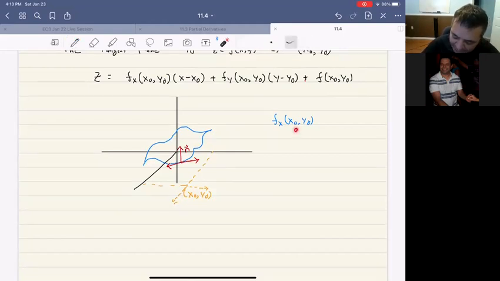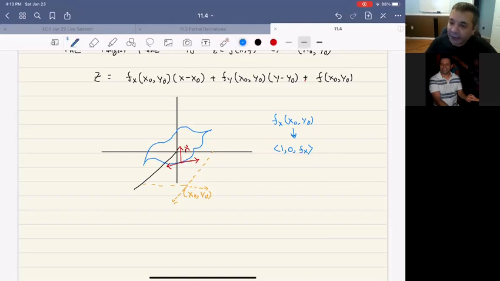f sub x of x0, y0 is going to have a vector representation. Be very careful with it, though. Its vector representation is 1, 0, f sub x. How is that so? What I'm saying is, as we move 1 in the x direction, z is going to increase by this amount, or decrease, doesn't matter. That's how z is going to change.